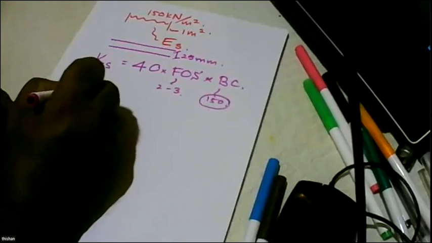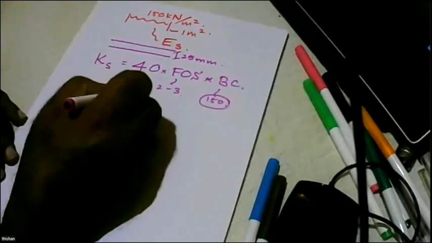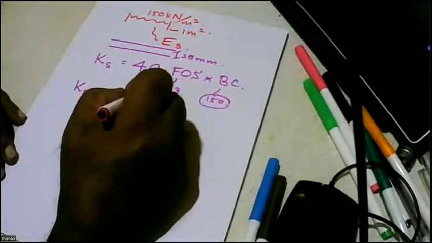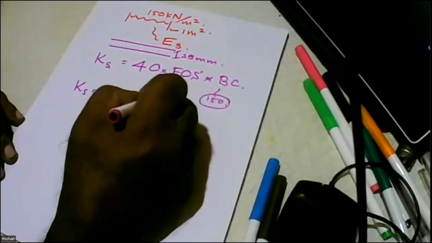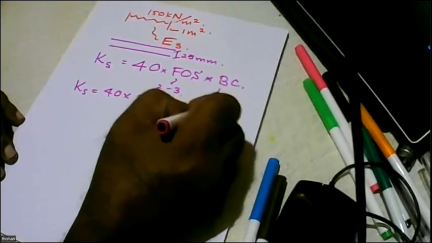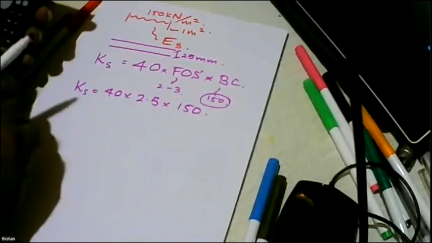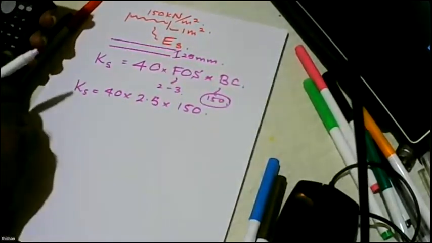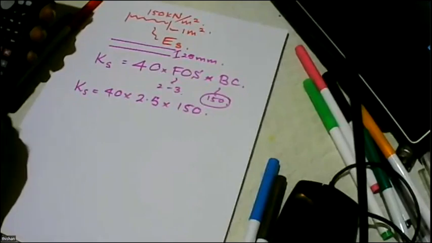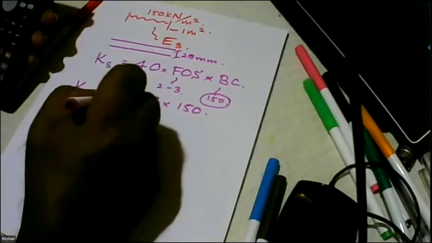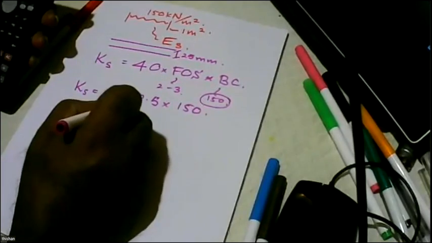So the subgrade reaction is 40 multiplied by, let's say I'm going to use a factor of safety of 2.5, multiplied by 150. So 40 multiplied by 2.5 multiplied by 150. So I'm getting a value of 15,000.